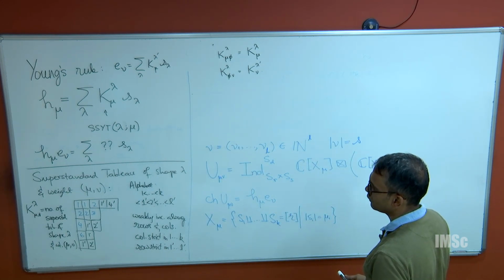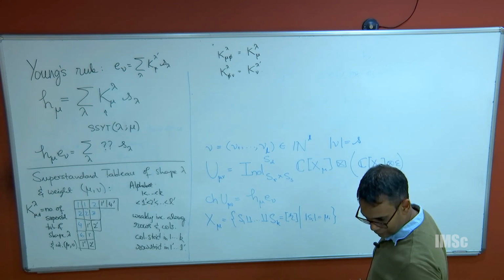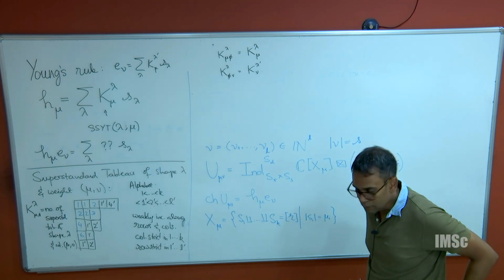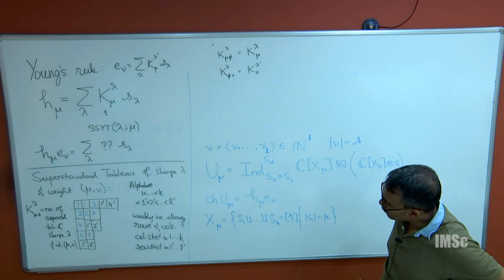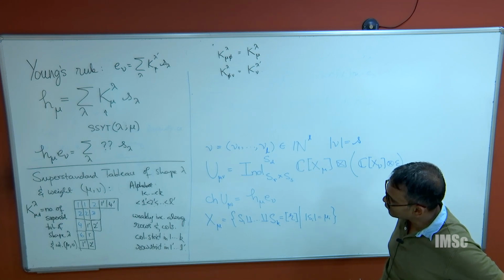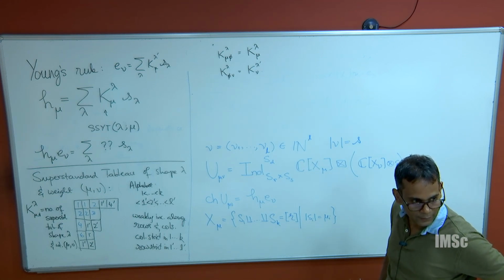What? So for K_{λμν}, 1. Huh? So you want μ and ν such that μ plus ν' is λ, or μ plus ν is λ? The size of μ plus the size of ν is the size of λ.